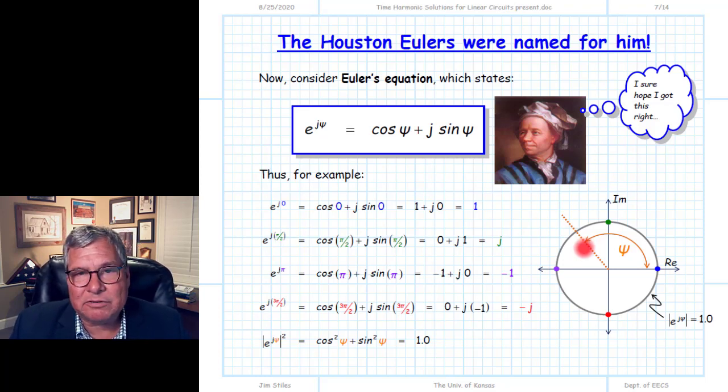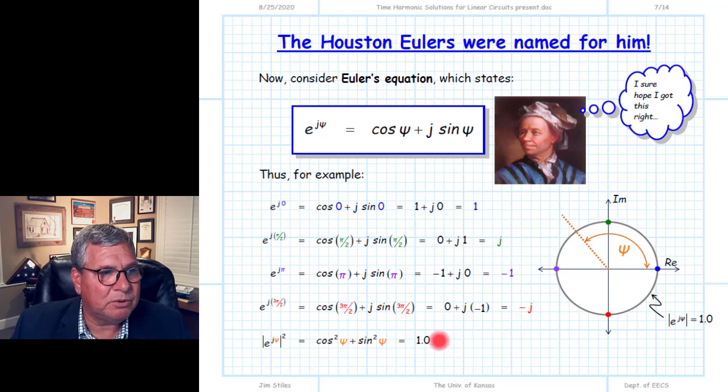You've done this probably since grade school, or at least middle school, plotting points on the Cartesian plane in terms of x and y, or in terms of polar coordinates, magnitude, distance from the origin, and rotation angle phi. And so we can do the same thing for complex numbers. Notice in this case, the magnitude, as we said, for every one of these is 1. So we can go through and write any complex number in terms of its magnitude, the distance from the origin, and its angle, the rotation from the real axis.